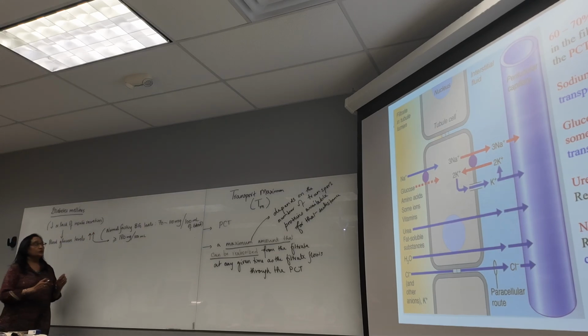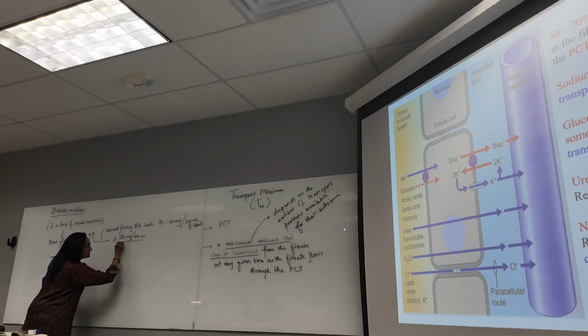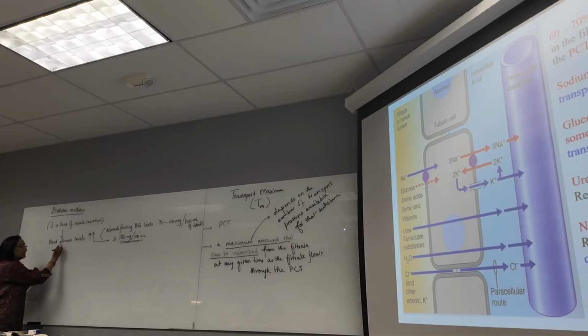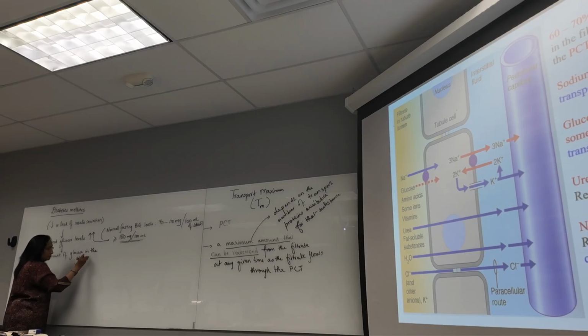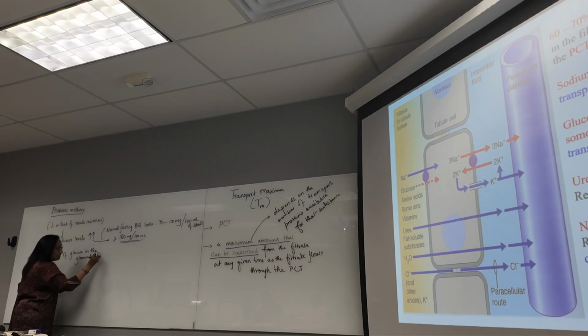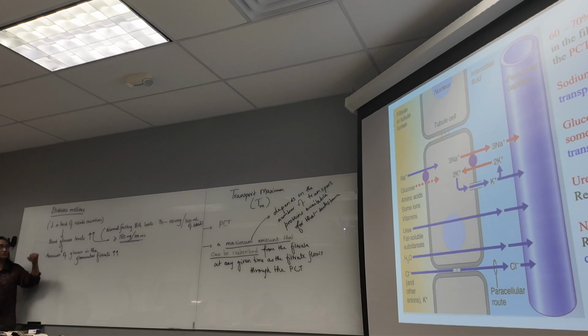Okay, or even their fasting level, if they are not properly taking medications, their fasting glucose could also be pretty high. So when something like this happens, okay, blood sugar levels are high, you know that glucose is a small molecule, it gets filtered. So the amount of glucose in the glomerular filtrate will also be high accordingly, because the blood glucose levels are high.